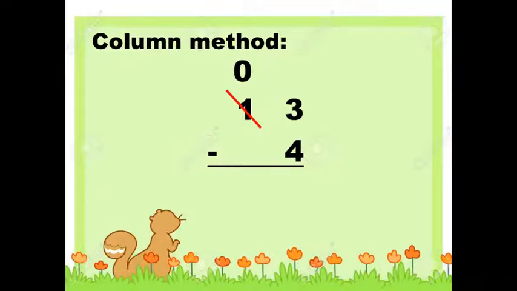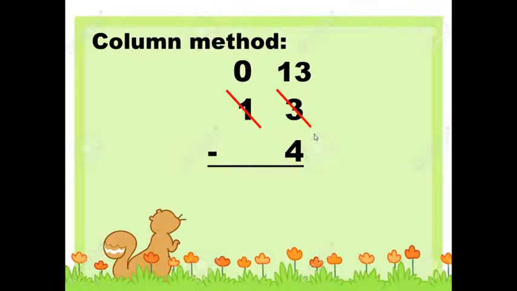So 1 minus 1 would become 0. And what happened to our 1? We will convert it into ones. 1 ten is equal to 10. 10 plus 3 would become 13. 13 minus 4. Very good.